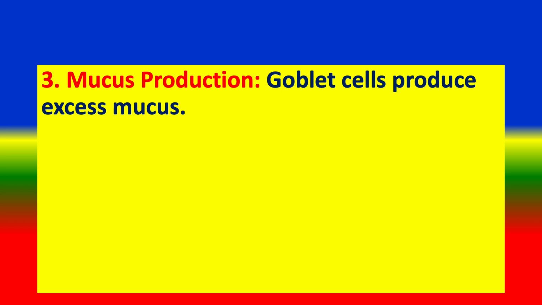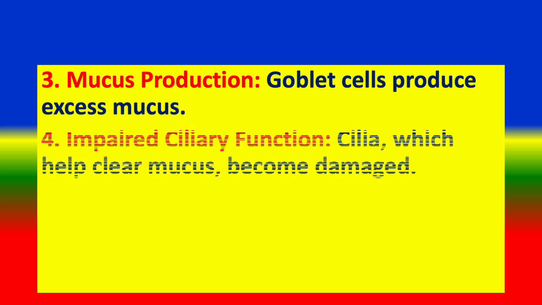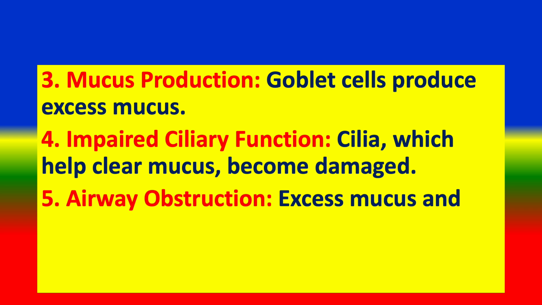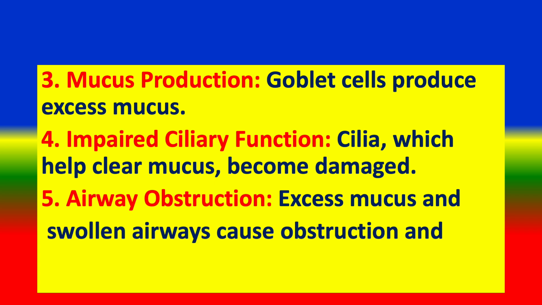Goblet cells produce excess mucus. 4. Impaired cellular function, cilia, which help clear mucus, become damaged. 5. Airway obstruction, excess mucus and swollen airways cause obstruction and coughing.